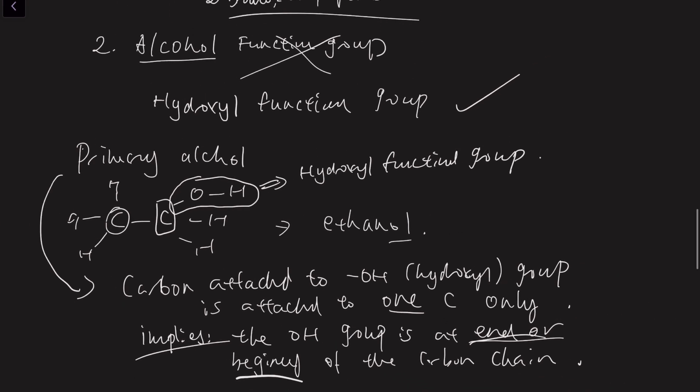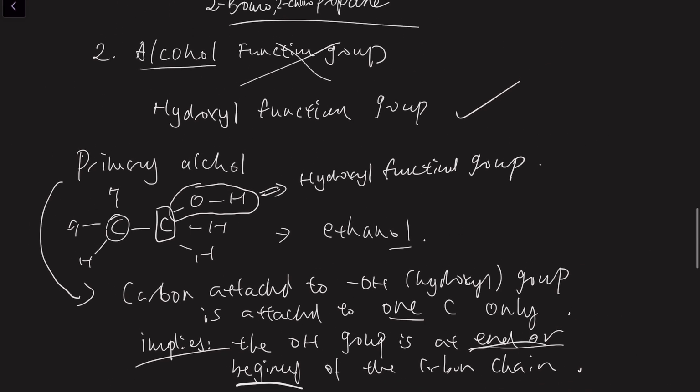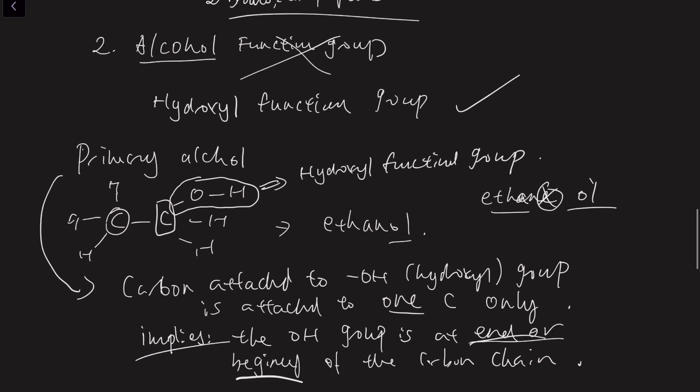So I guess the naming convention for the hydroxyl group is that you have ethane, and then you drop the E and add OL, which becomes ethanol. And this OL, I think, has something to do with the name alcohol, because alcohol also ends with OL.